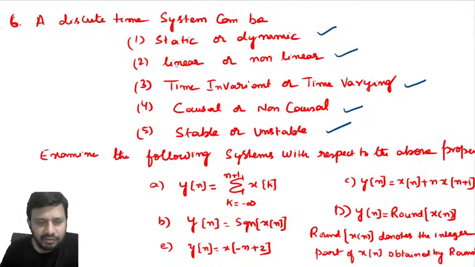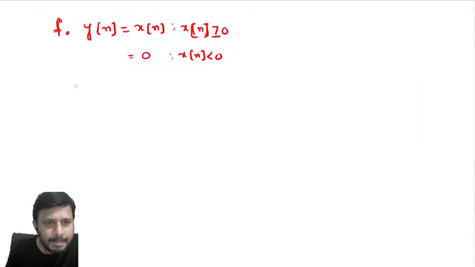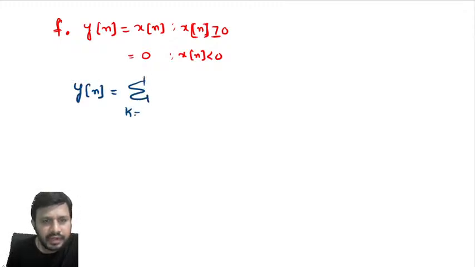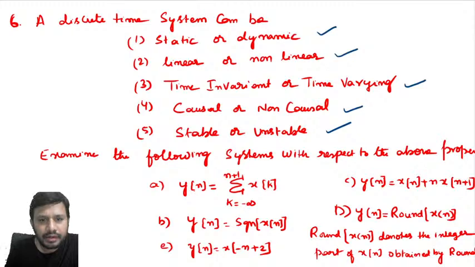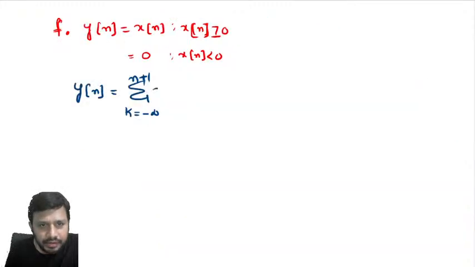First one is what? y of n is equal to summation k varying from minus infinite to n plus 1 of x of k.